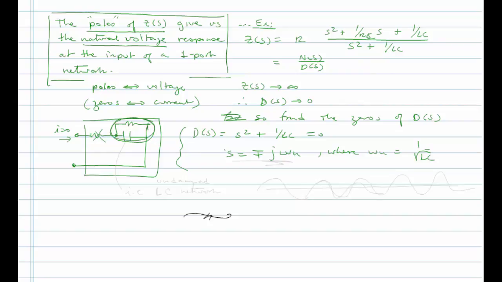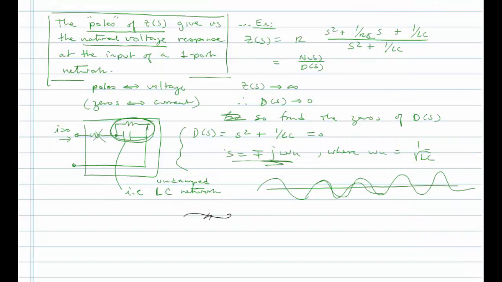In other words, the only circuit that can really have any current flow is the parallel LC. Is it parallel or is it series? Well, it's both, right? It's a totally undamped LC network. And that's what this provides. It would say it's going to be sinusoidal at omega n forever and ever.